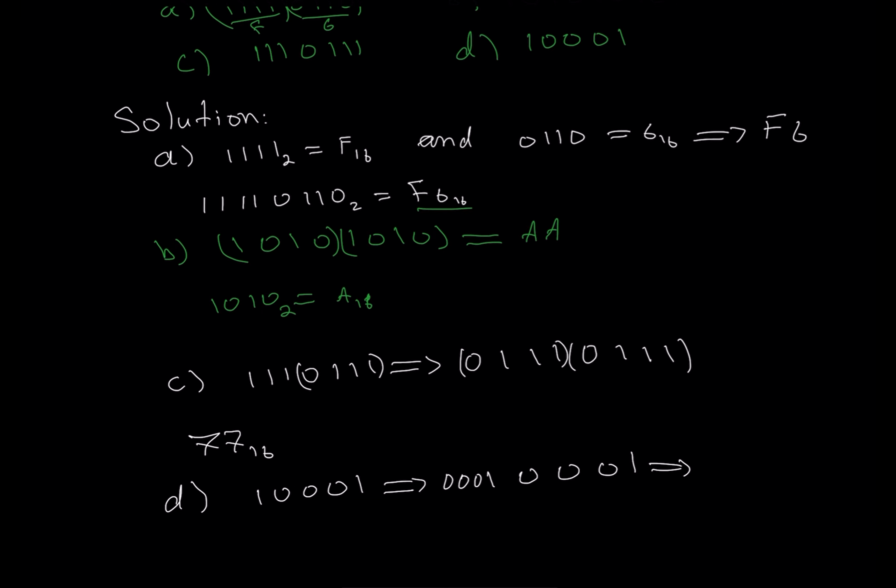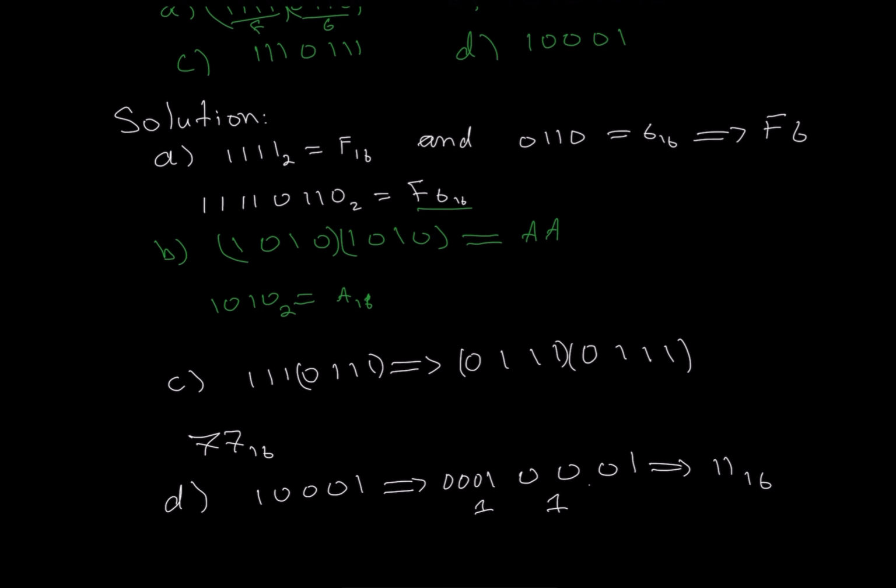Then you have to look at the table and find out what that is representing. I think it's 1 in decimal number. 0 0 0 1 is 1, and 0 0 0 1 is 1 too.